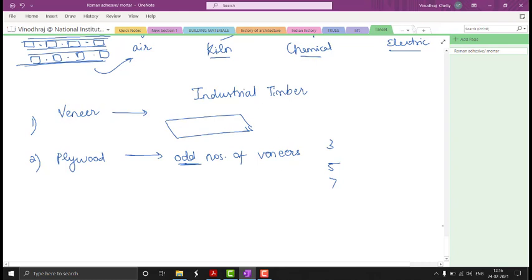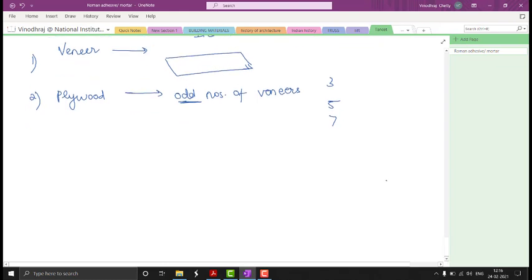Veneer is basically a costly material, so instead of veneer, people actually prefer laminates. Since veneer is high priced, plywood is also costly. That's why in any building process, carpentry is very expensive as compared to other works. Carpentry or civil work is expensive, while electrical is not so expensive.